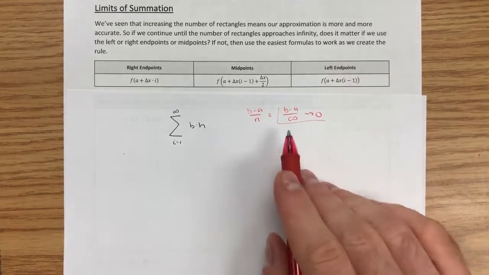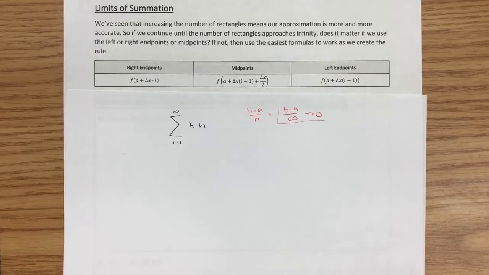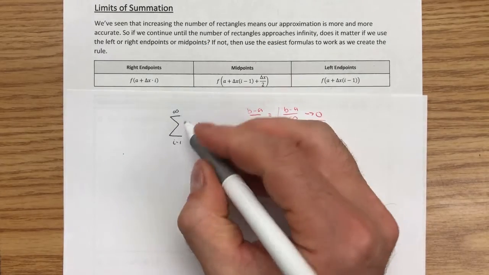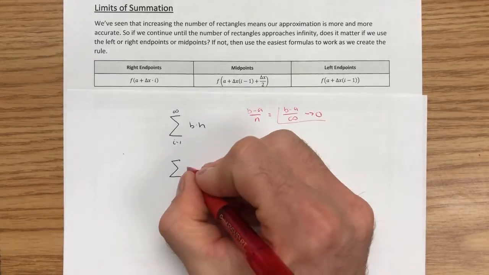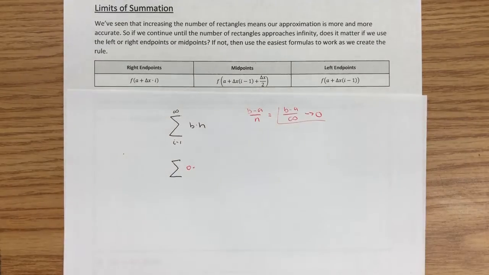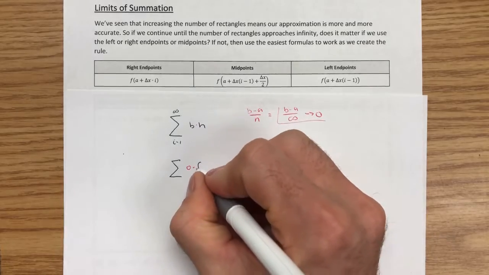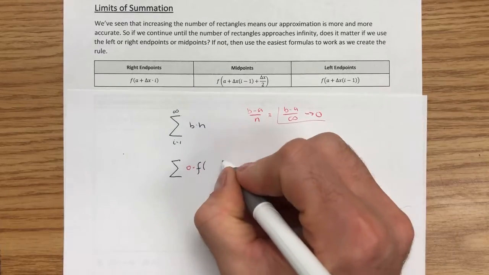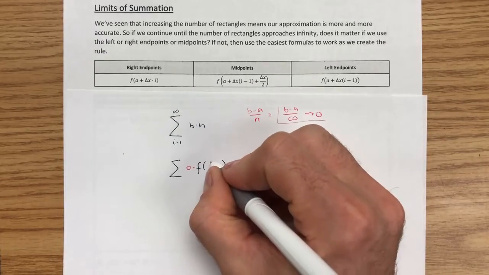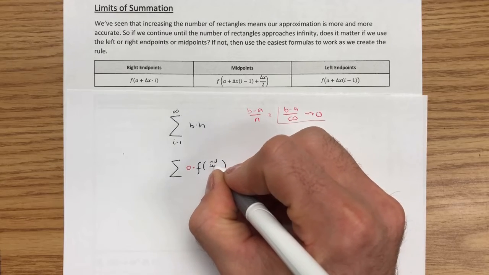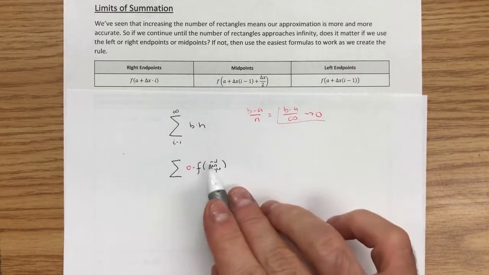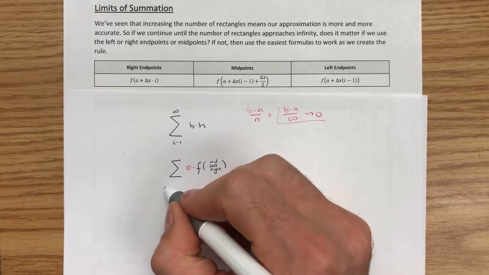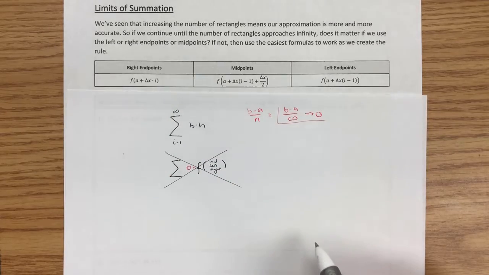And so in essence, what would happen is if we take our summation notation, we are finding the sum of 0 times whatever the height is. And so we're going to say the function of one of the points, either mid, left, or right. And if we take the summation of 0 times anything, we know that that completely cancels out our process.